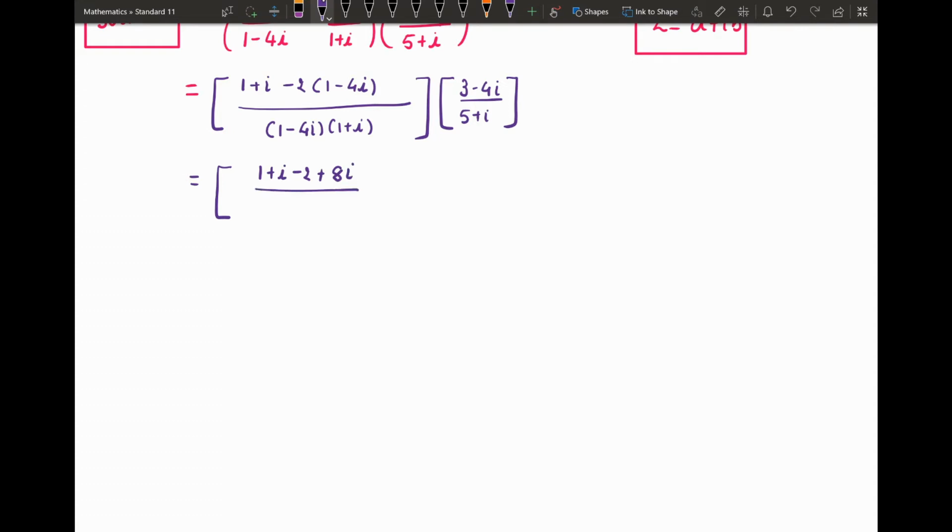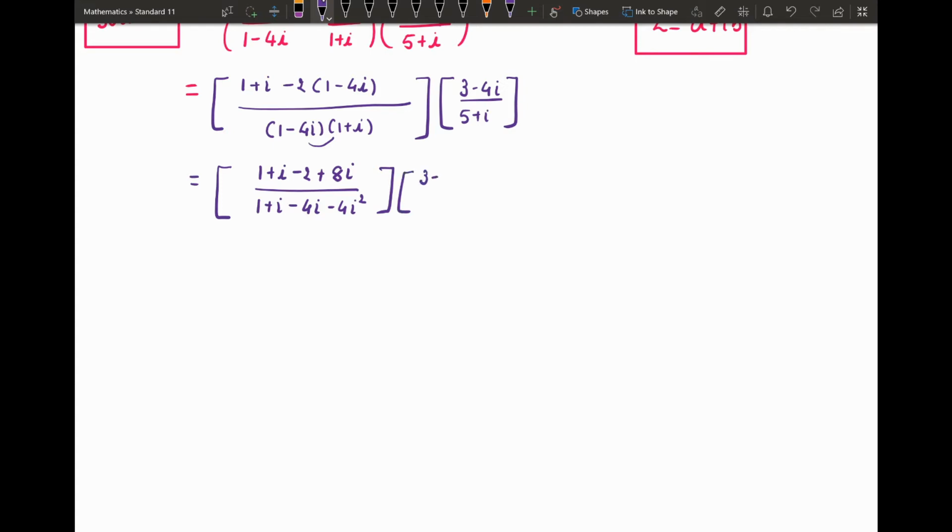In denominator, ordinary multiplication of two brackets 1 minus 4i into 1 plus i. So 1 into 1, 1 plus 1 into i minus 4i minus 4i square.